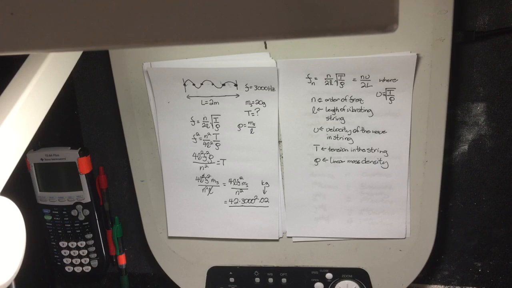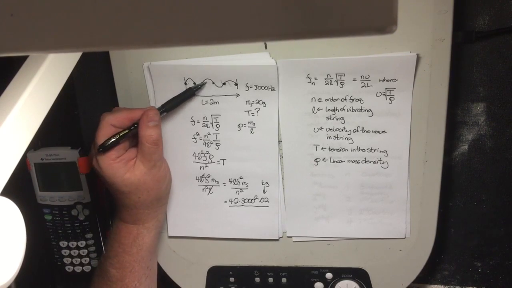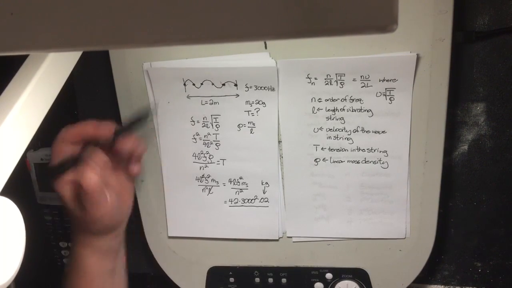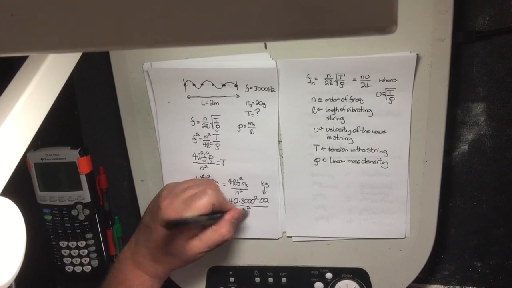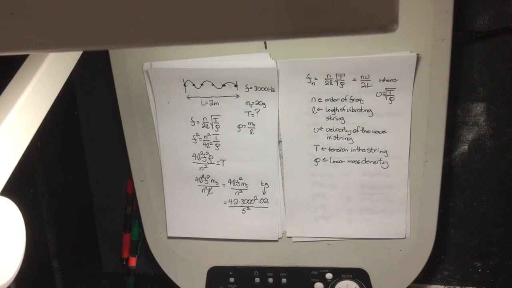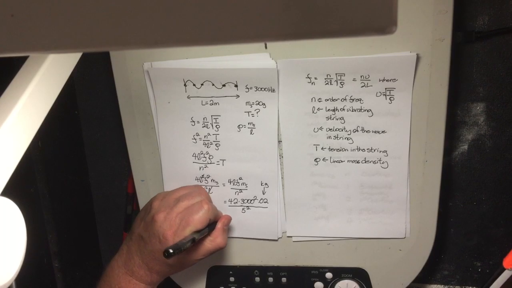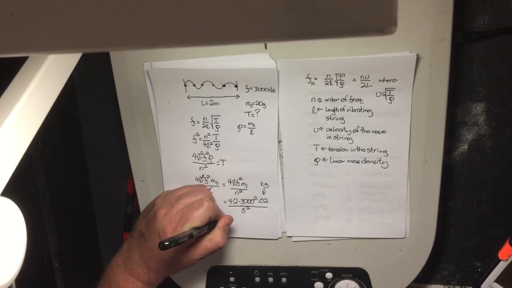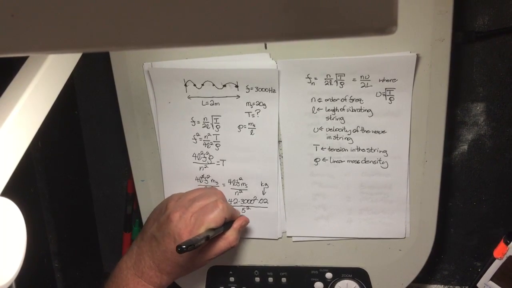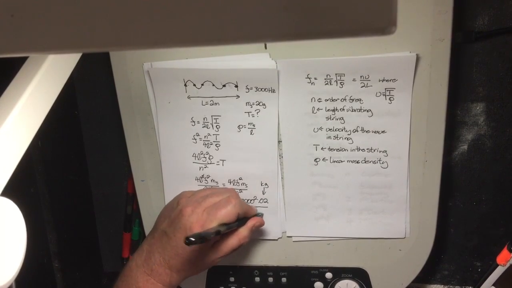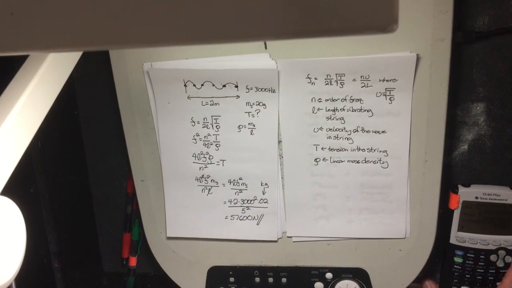All you have to do is just count the antinodes. 1, 2, 3, 4, and 5. So it's 5. And so it is under the tension of 57,600 newtons. And so that's the tension.